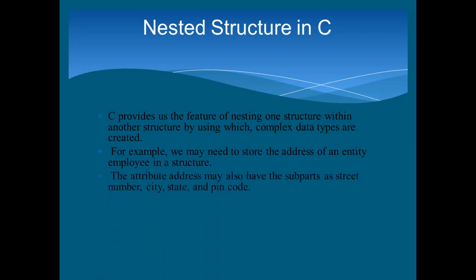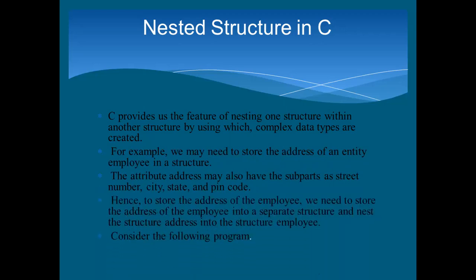An attribute is nothing but a member name. The attribute address may also have subparts such as street number, city, state, and pin code. Hence, to store the address of the employee, we keep the address in a separate structure and nest the structure address into the structure employee.